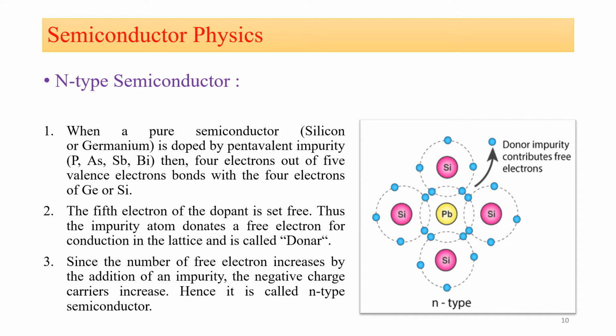Donor impurity contributes the free electrons. Since the number of free electrons increases by the addition of an impurity, the negative charge carriers increase. So this is called an N-type semiconductor material, and there will be a majority of what? Electrons in N-type semiconductor materials.